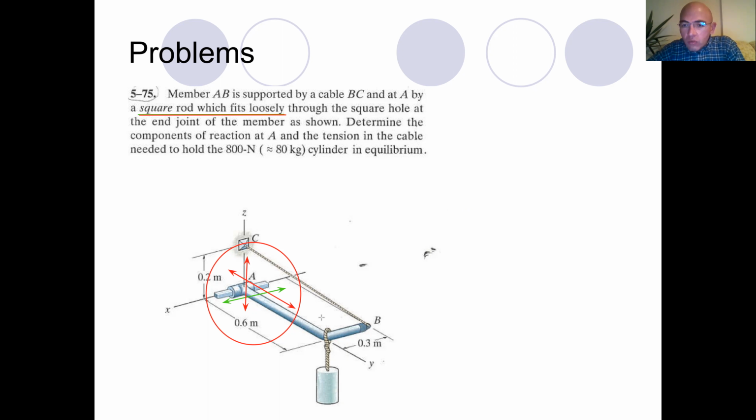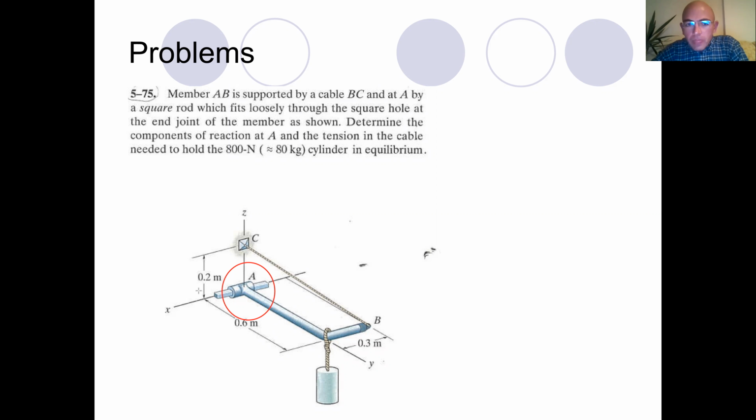Okay, now how about the rotation? Again, I will isolate the joint A from the rest of the structure. Now I will look at the rotation. So around which axis can the joint A rotate? So first I will look at the x-axis. Can it rotate around the x-axis?